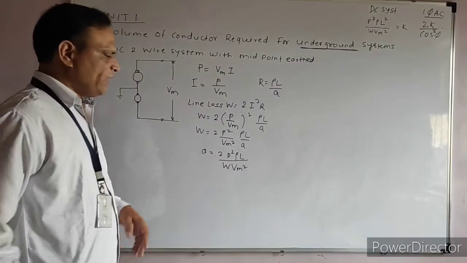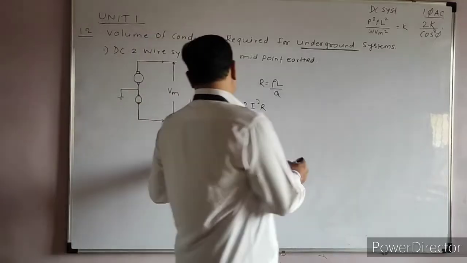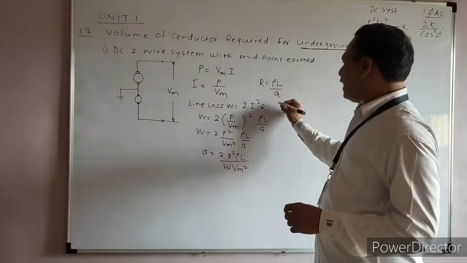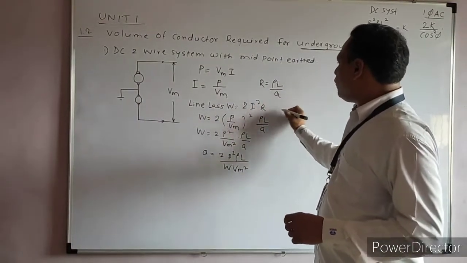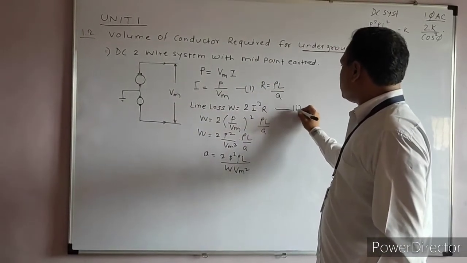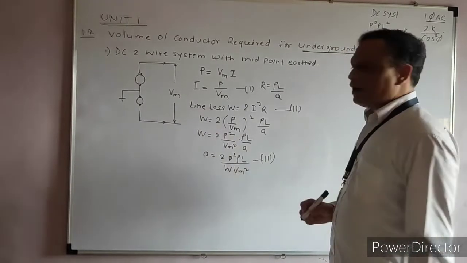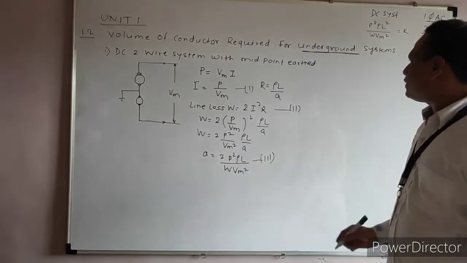So this is the value of area which we are getting. As per our calculation, the value of I is our first step, then the value of line loss is our second step, and the area required, equal to this, is our third step.